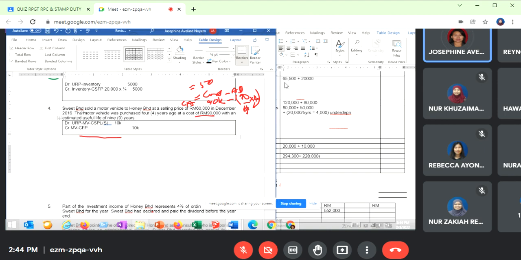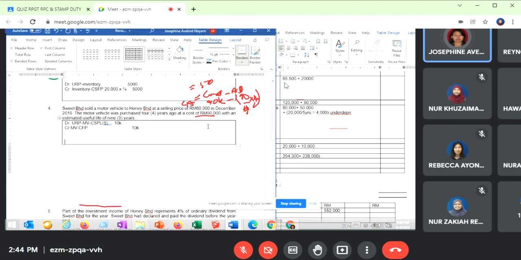Other than that, we need to calculate the depreciation. Now, in this case, since the asset that is sold, the profit is not realized, that means the depreciation here is over provided. So we need to do an adjustment for depreciation that is over provided. How much is it over provided?